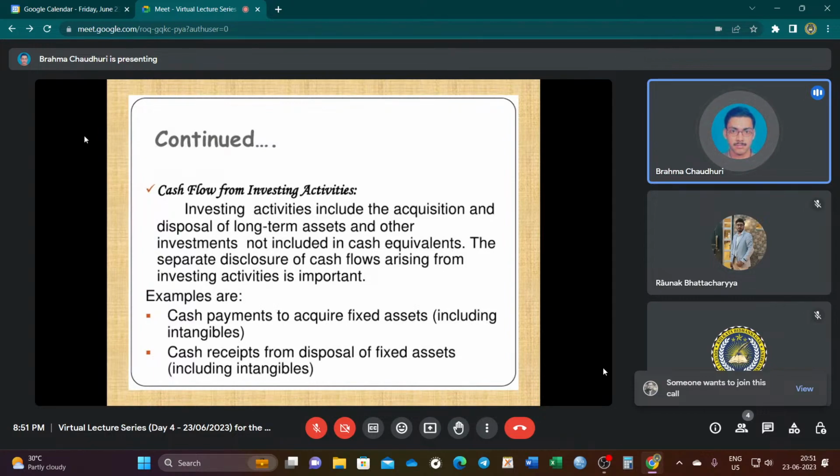So examples are cash payments to acquire fixed assets, including intangibles, and cash receipts from disposal of fixed assets, including intangibles. They come under the purview of cash flow from investing activities.